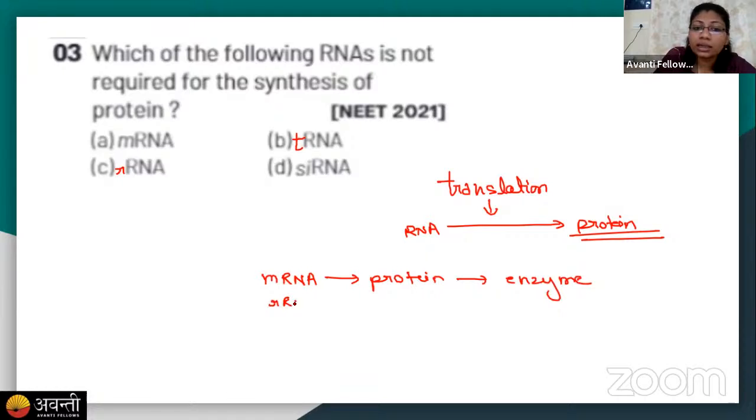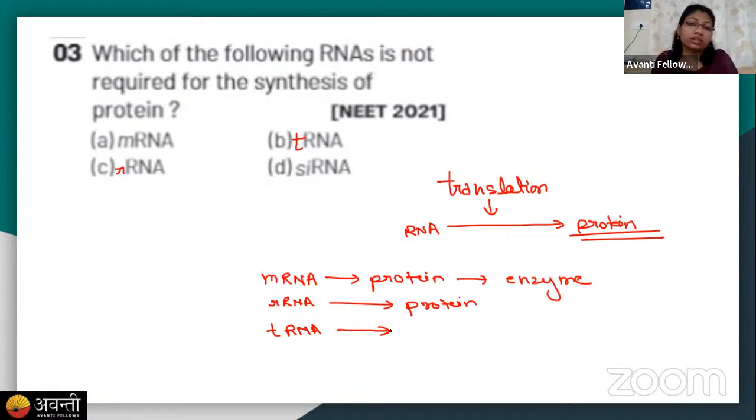The rRNA is known as ribosomal RNA. It is going to produce the ribosomal proteins, right? It is again forming a protein. Then we have the tRNA, the transfer RNA, the clover-like structure, right?